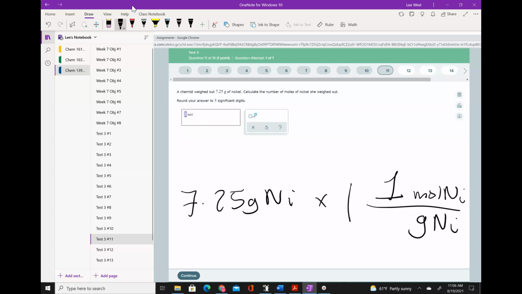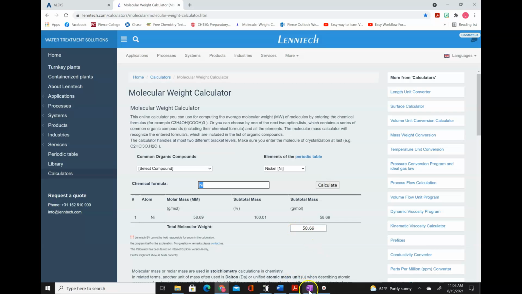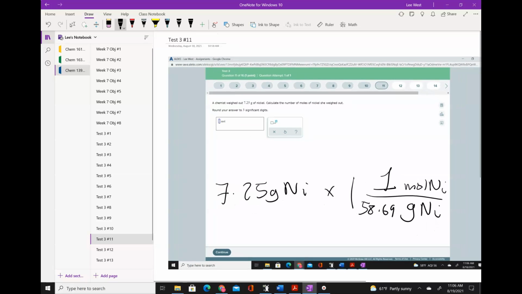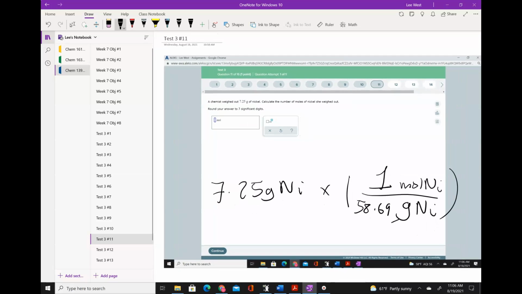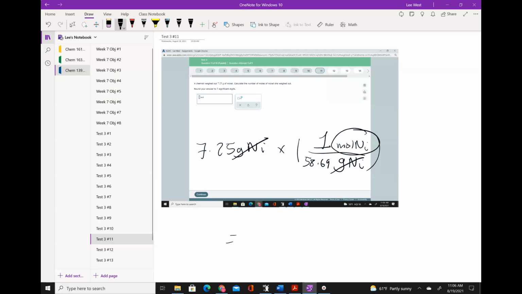So in 1 mole of nickel, and we can either look this up in the periodic table or use our molar mass calculator, 58.69 grams, and that's it. Before we enter anything into the calculator, we always check that we have the units that we want, and we want 3 significant figures.